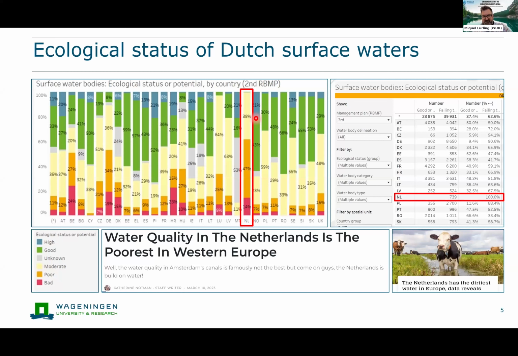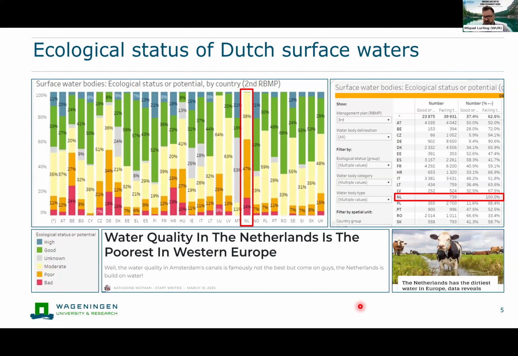And I have to say, and I agree with these newspaper items, that water quality in the Netherlands is the poorest in the European Union. And it doesn't look well for the third river basin management plan period either. So we need to do stuff.